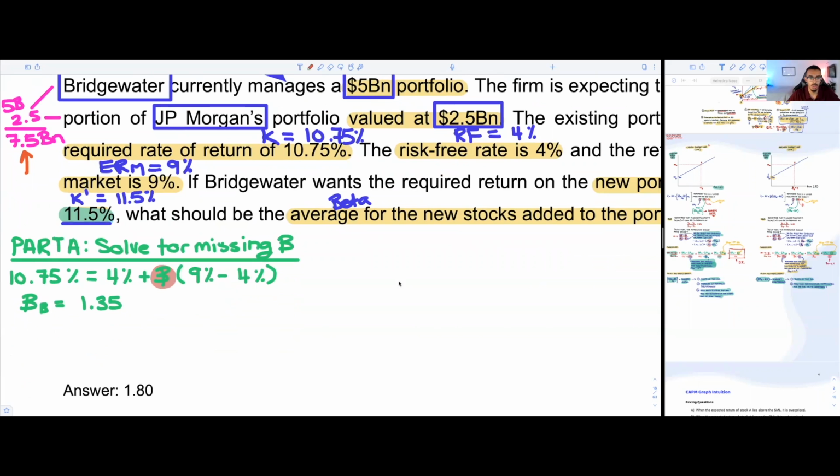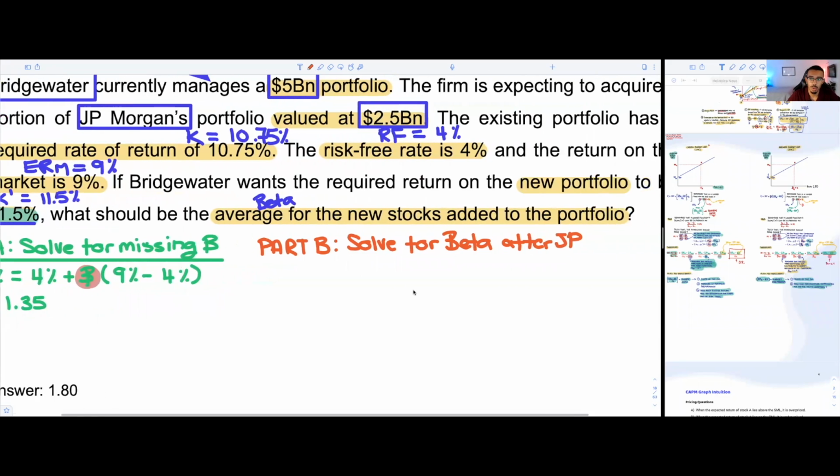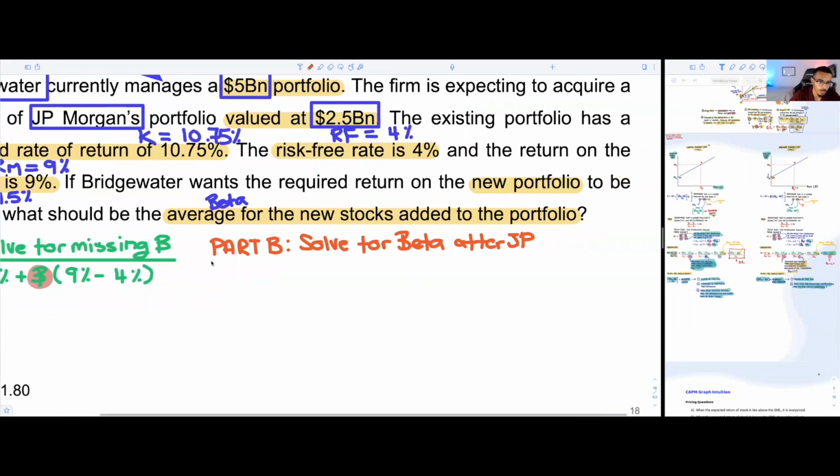So I guess we could write this here as being part B, solve for beta after JP. Solve for beta after we've purchased JPMorgan, okay? So this one is also going to be very straightforward.